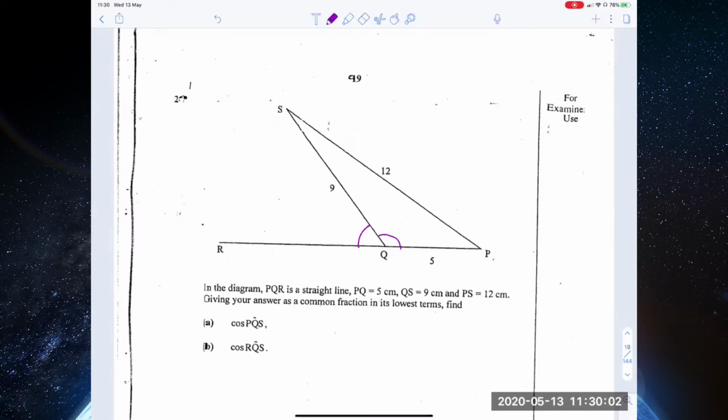Okay. So this is RQS, and this is PQS. The little head means that's the angle. So any ideas on how we start this?